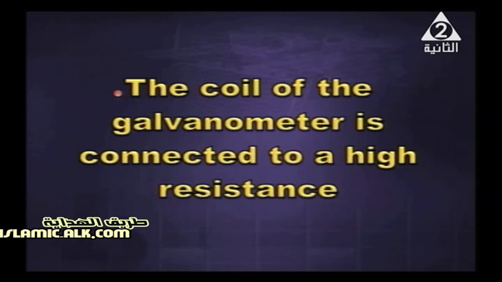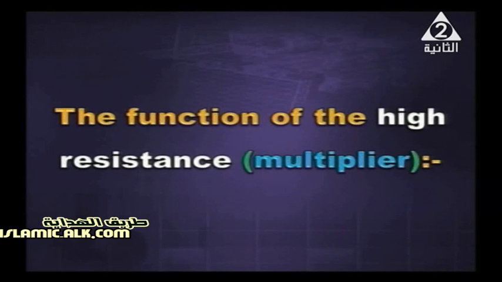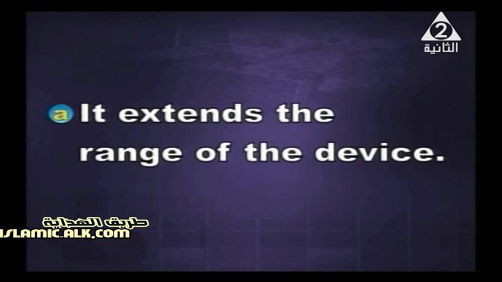Another give reason: the coil of the galvanometer is connected in series to a high resistance. This happens when we convert it into a DC voltmeter. Why is it connected to a high resistance in series? We call this resistance the multiplier. The function of the multiplier: first of all, it extends the range of the device.